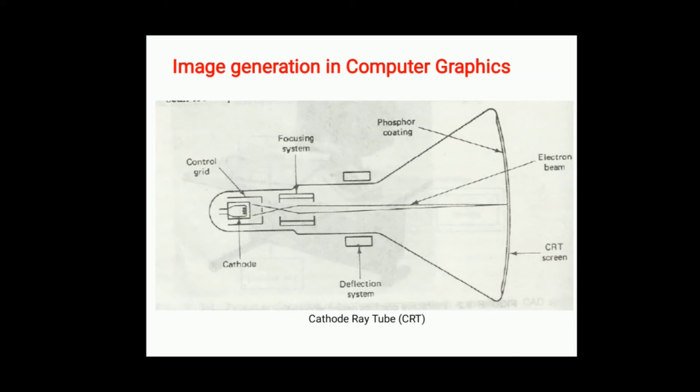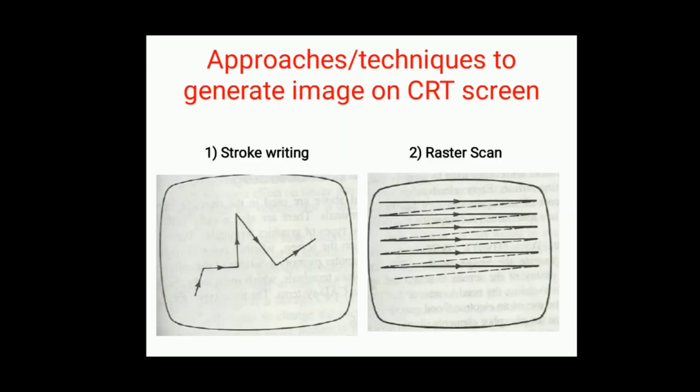In the CRT we use a phosphorus coating for displaying the image on the screen. There is an electron beam, CRT screen, focusing system, control grid, and cathode. This is one example of image generation in computer graphics.